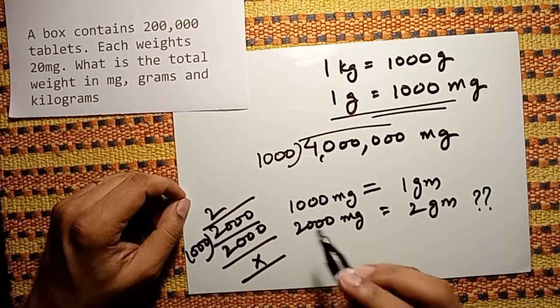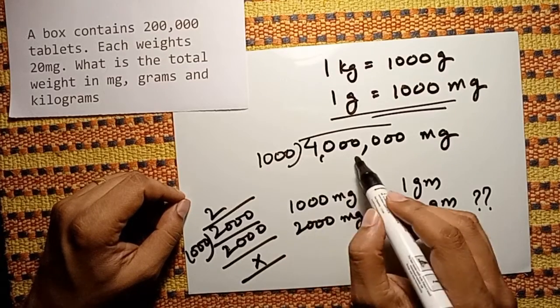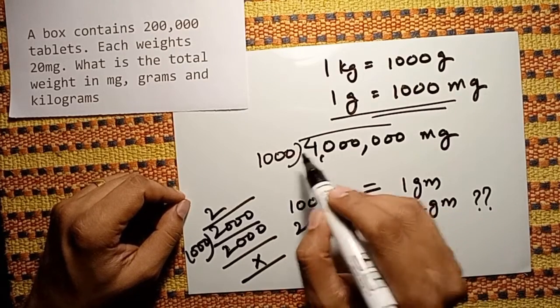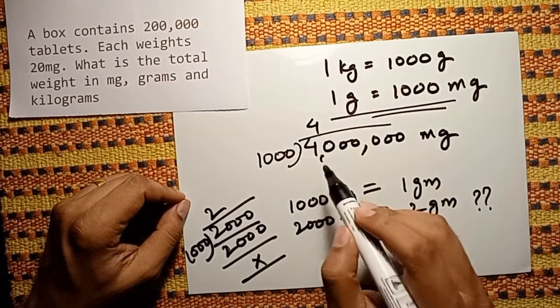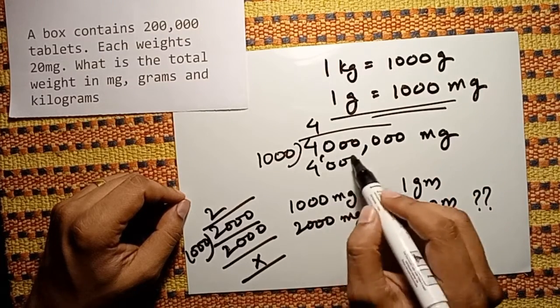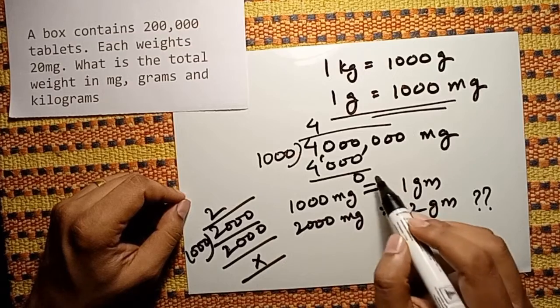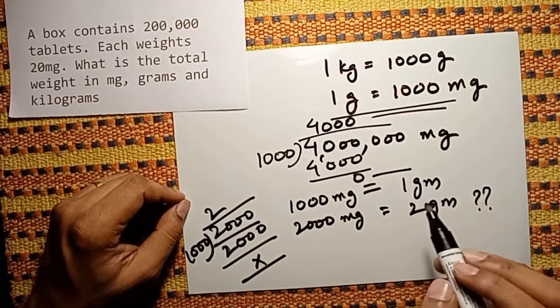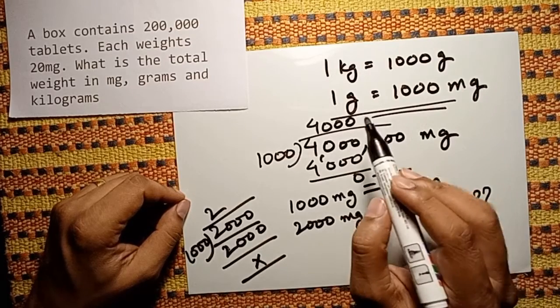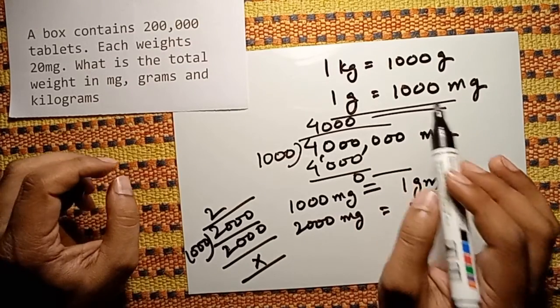So that's why we have to do a division. So 1000, 4,000,000, 4s are 4,000, and then for all the zeros, you will put zeros here. This is division 101. You already know that.